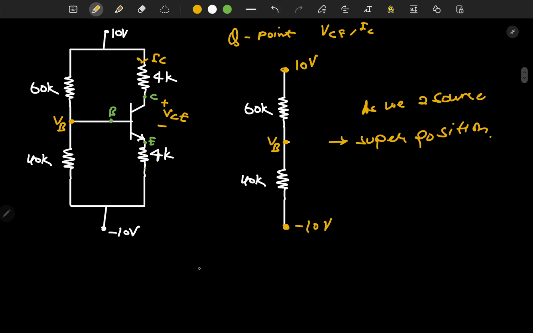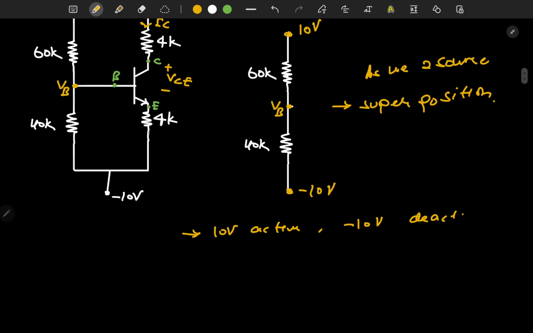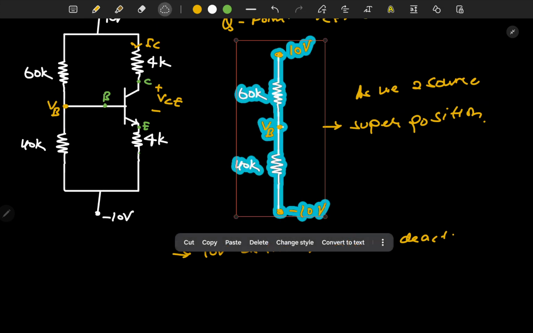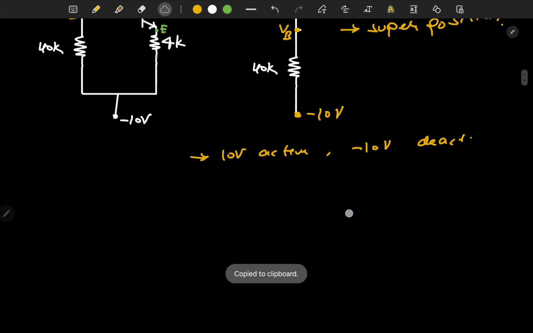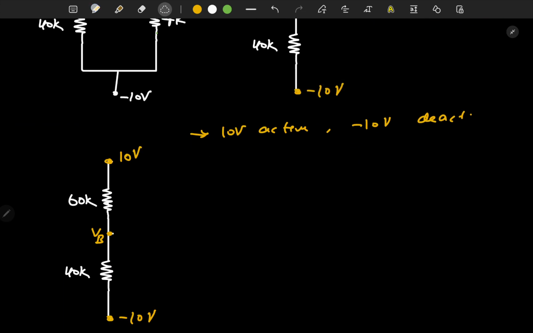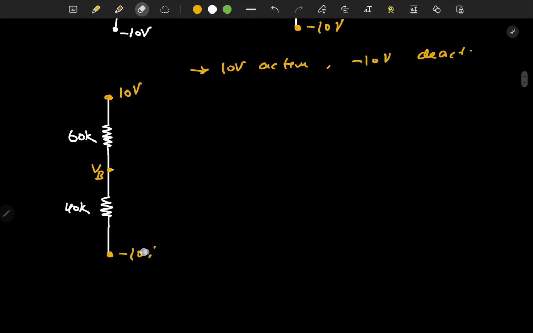Let us assume 10 volt is active and minus 10 volt is deactivated. If 10 volt is active, then minus 10 volt will be grounded.